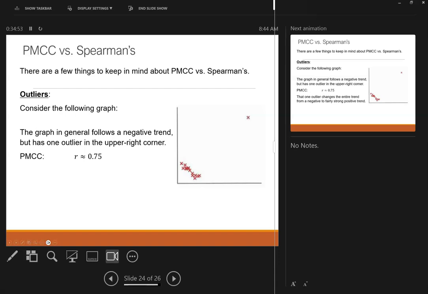So overall, this data has a negative trend, but this one outlier is dragging the Pearson statistic way up into being positive. That seems ridiculous, right? It's saying that's the relationship right there.